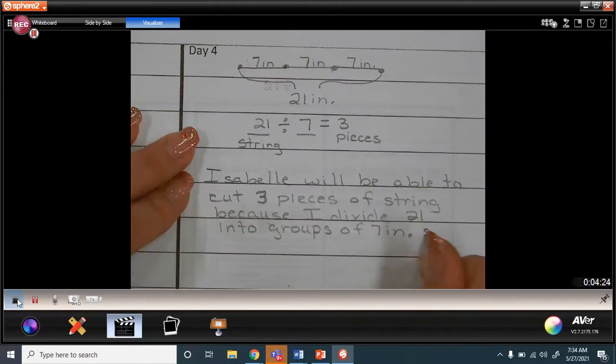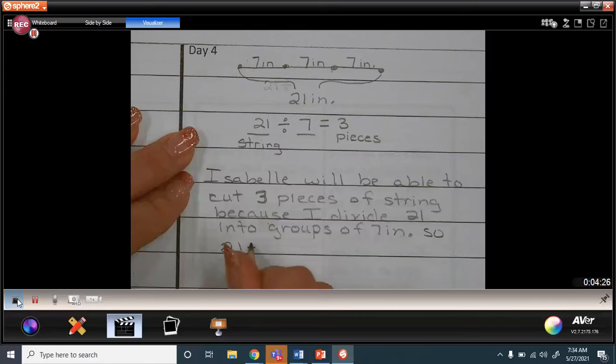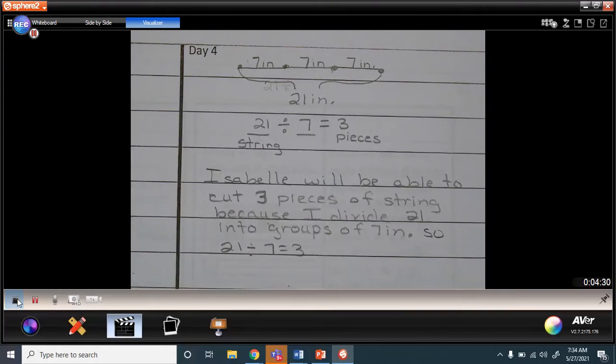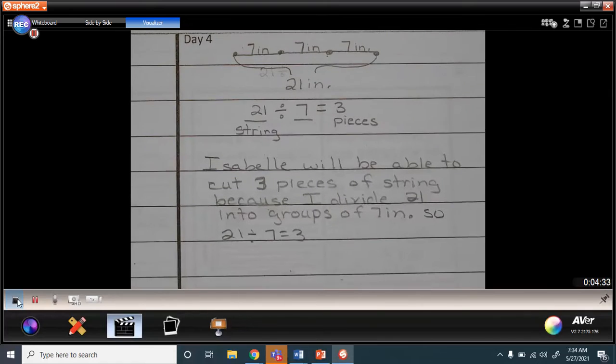So 21 divided by 7 equals 3. And there is my response.